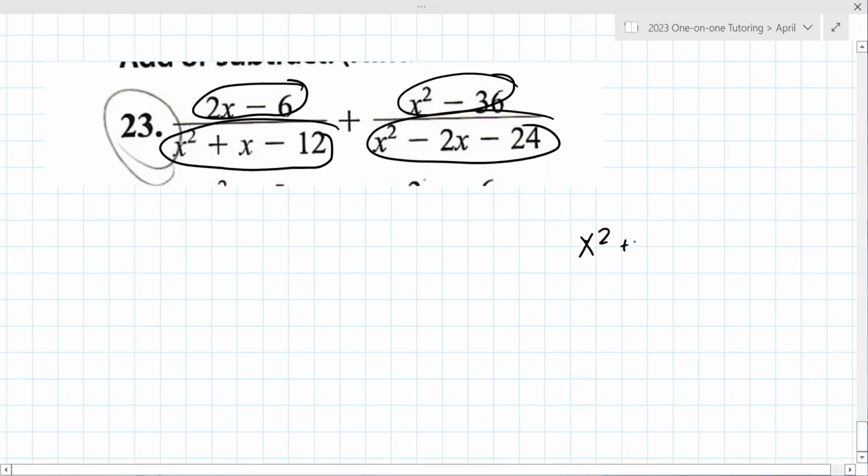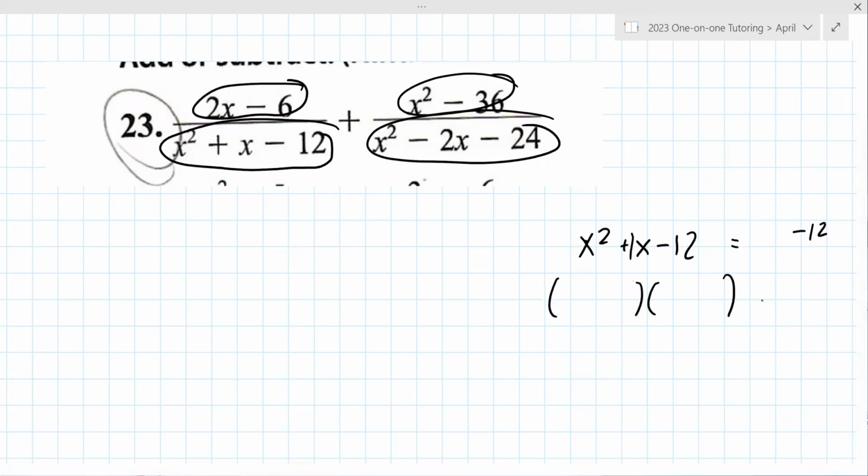So why don't you go off to the side here, figure out the two numbers that multiply to minus 12 that add up to positive 1, and tell me what goes in parentheses here, please. 4 and -3.